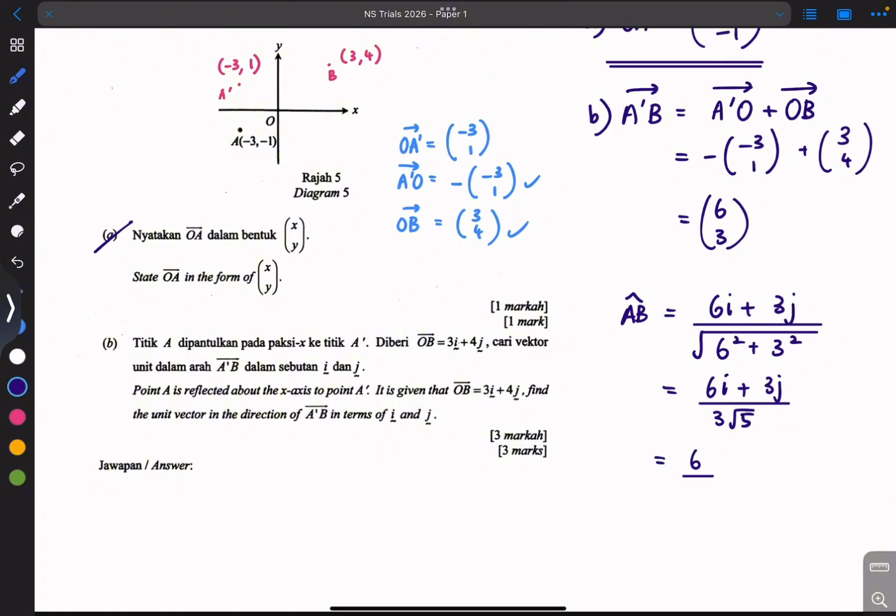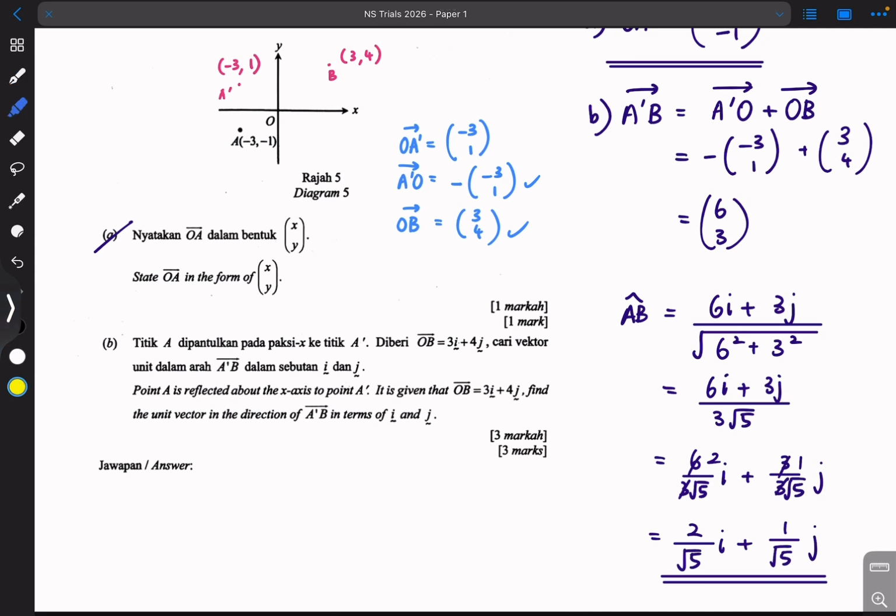So 6 over 3 root 5 i plus 3 over 3 root 5 j. Then we can simplify this. So we get 2 over root 5 i plus 1 over root 5 j. This would be our unit vector of A prime B.